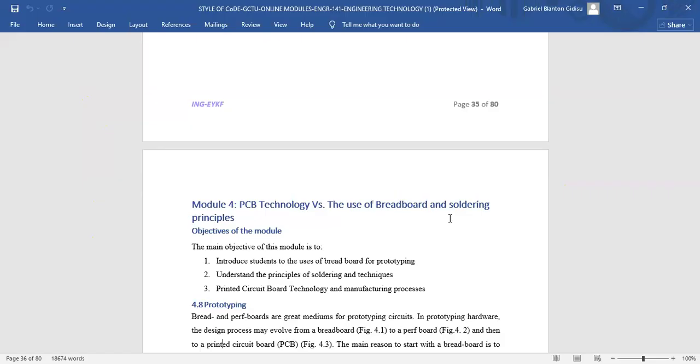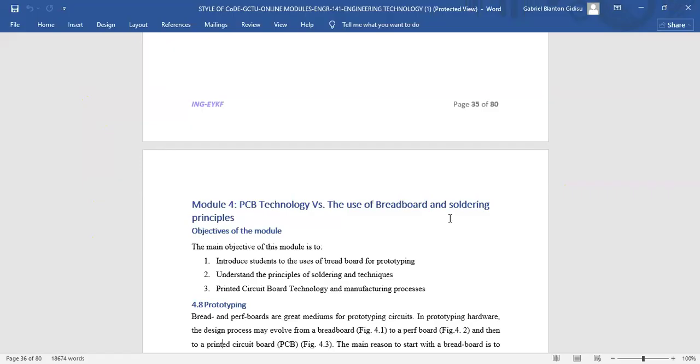We are going to introduce ourselves to the use of breadboard for prototyping, understand the principles of soldering and techniques, and the printed circuit board, that is a PCB, manufacturing process.